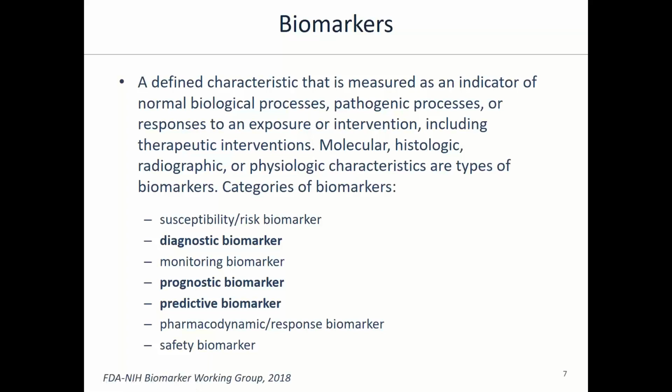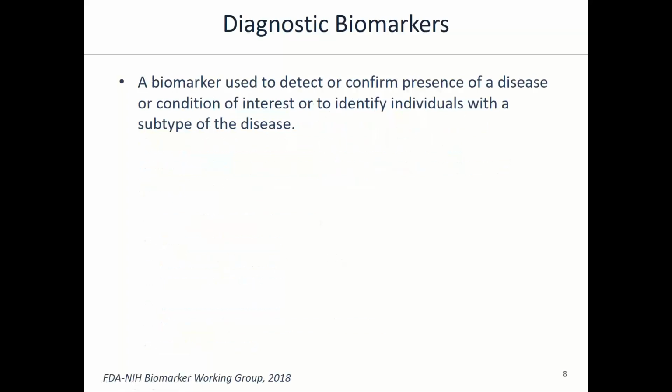Obviously here, we're going to be focusing on molecular biomarkers. And so there are several different categories of biomarkers. And the ones that are more relevant for us today are the ones here in bold type: diagnostic, prognostic, and predictive biomarkers. So let's just take a quick look at what these mean.